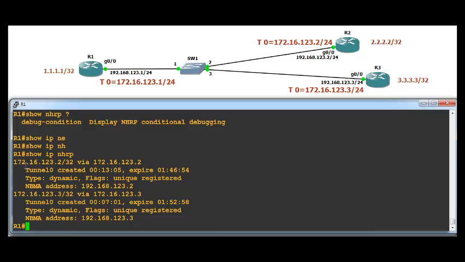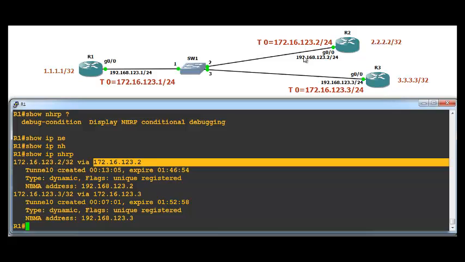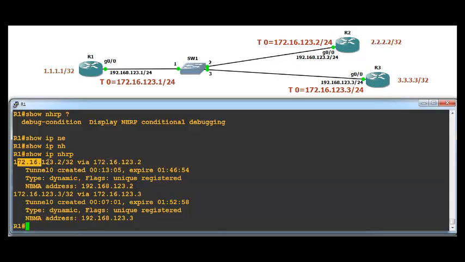It shows that there is one person called 172.16.123.2, and that person you can reach via this one. Because we don't have a layer 3 route here, I see the same address repeated.